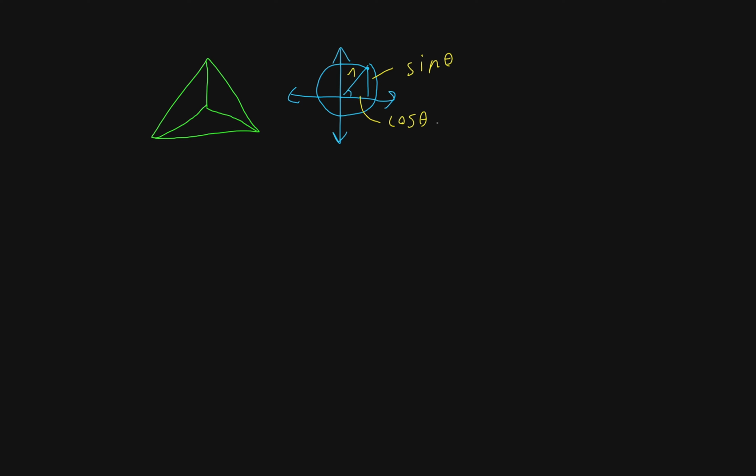This one, it just got divided by 1, so it's simply 1. But in general, this goes to r sin theta and r cos theta. And so in our case, the radius is 2r from the outer circle, the circumradius.